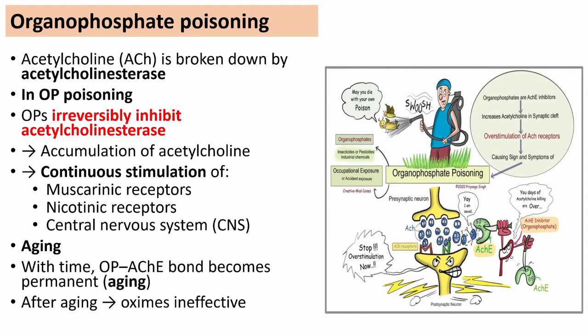Other than that, aging is something we have to treat; within 8 hours of OP poisoning is very good, because aging is the permanent binding of OP with acetylcholinesterase, which is very difficult to treat with oxime in delayed presentation of OP poisoning.